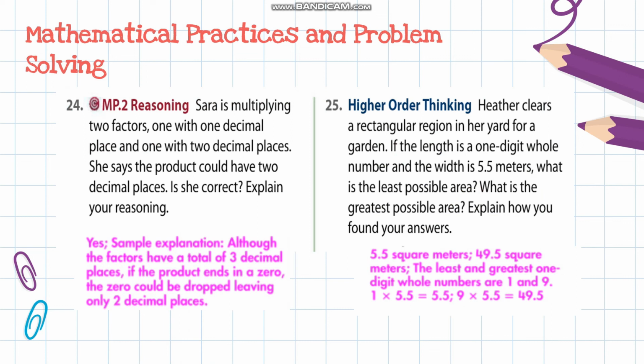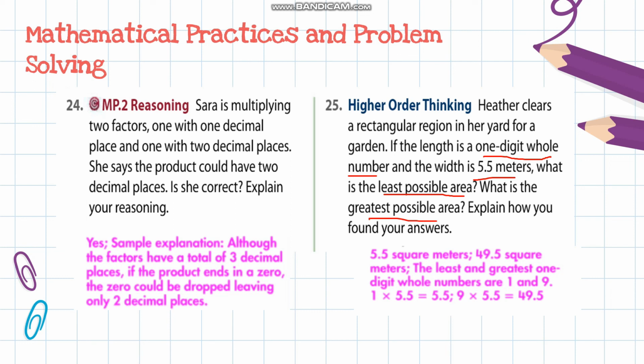For number 25, Heather clears a rectangular region in her yard for a garden. If the length is one digit whole number and the width is 5.5 meters, what is the least possible area and what is the greatest possible area? So, explain how you found the answer.